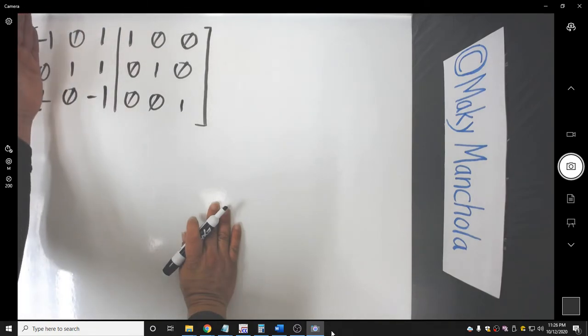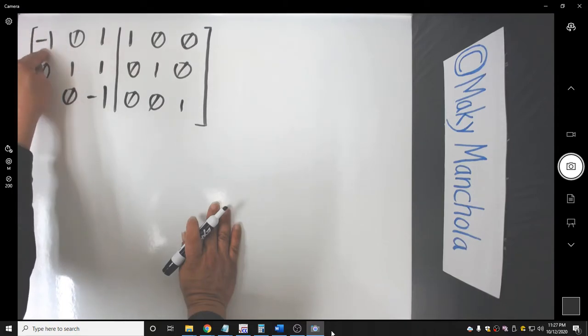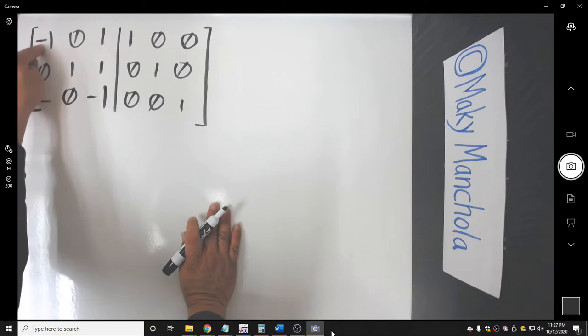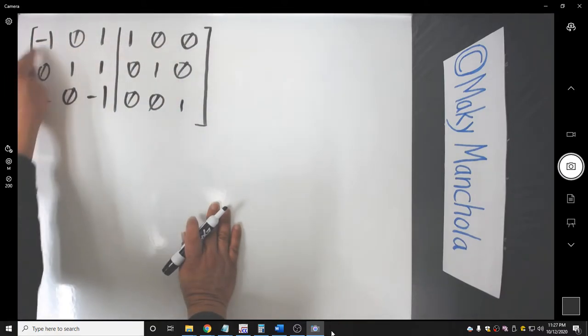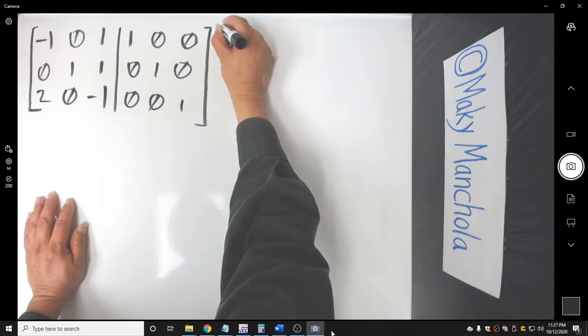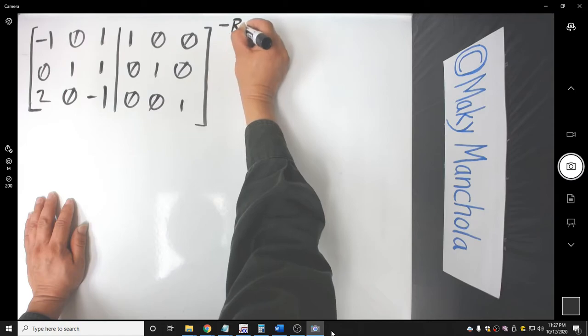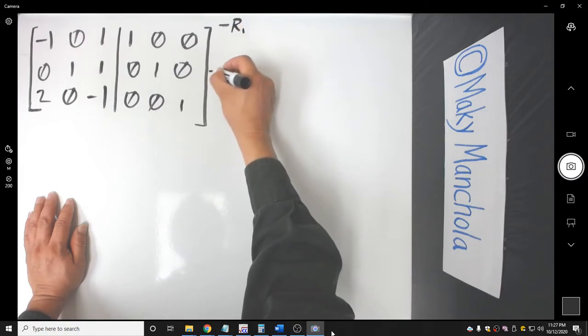The first non-zero entry should be in the first row, first column of that matrix. Make it a 1. Right now, that requires I multiply the first row by negative 1. So apply that elementary row operation: negative 1 times the first row of the augmented matrix.